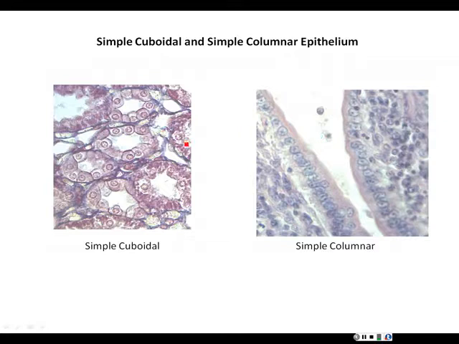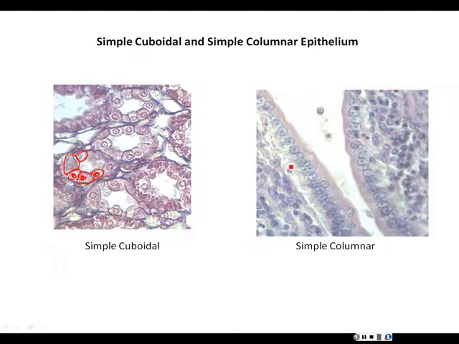Now here I'm showing you simple cuboidal and simple columnar epithelium so that you can compare them side by side. Do you see how the columnar is longer? So here's a few cuboidal cells. Over here you can see they're about as wide as they are tall. And the nucleus sits right in the middle.